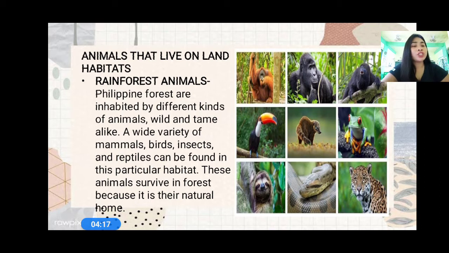We have the cheetah, the python, the sloth, and we have some birds. So we have many species of birds that live in the rainforest. So those are just some of the examples of rainforest animals.